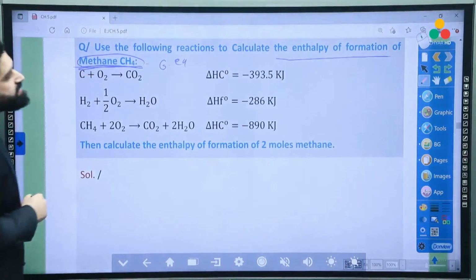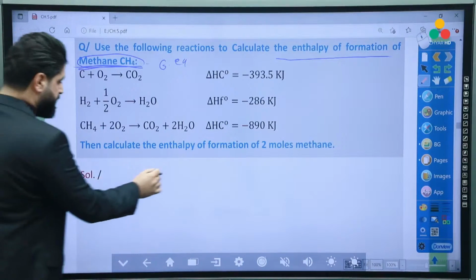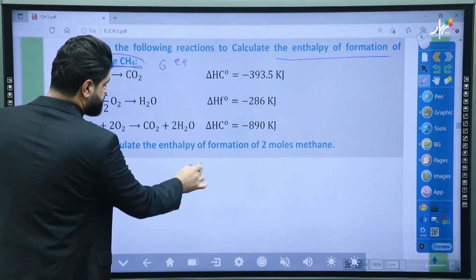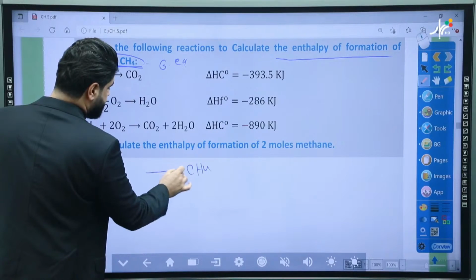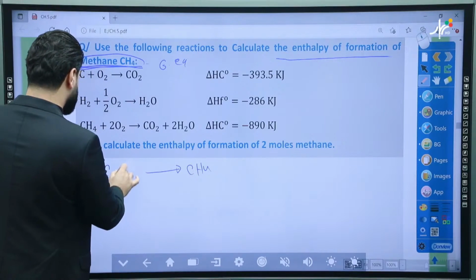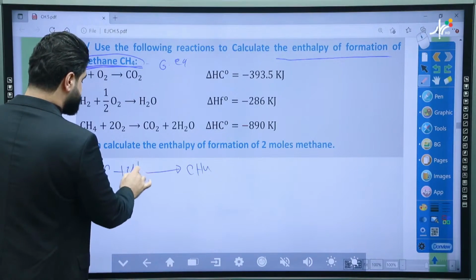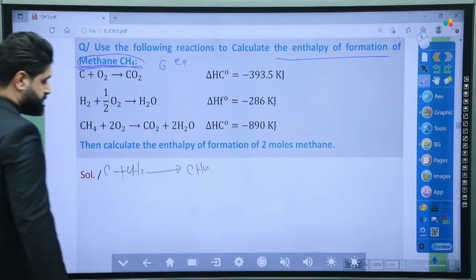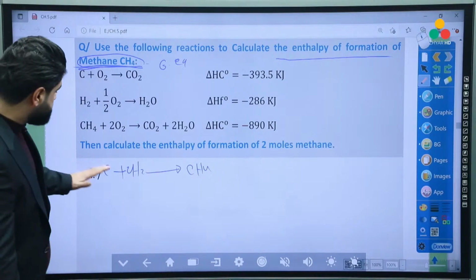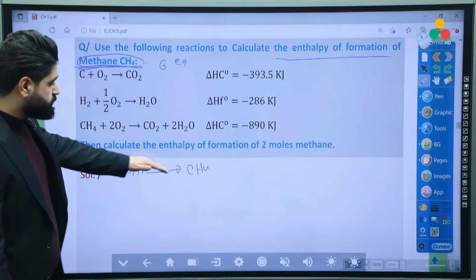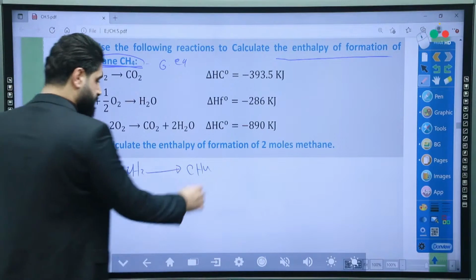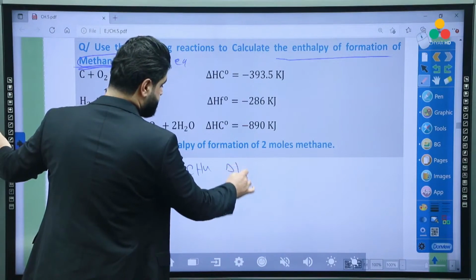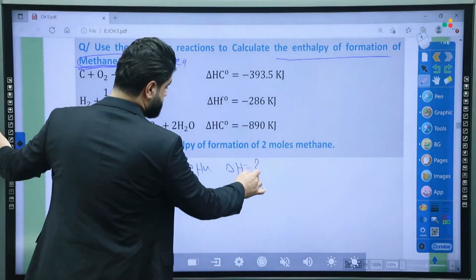So we have to write the formation reaction for methane. CH4 contains carbon plus 2 hydrogen molecules, right? C plus 2H2 producing CH4. First step, we have to determine delta H for this reaction.